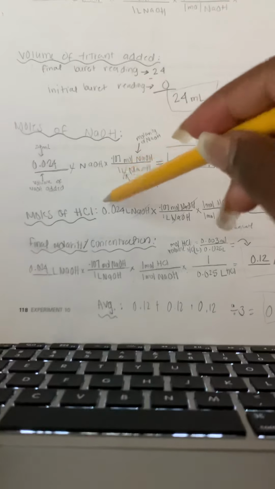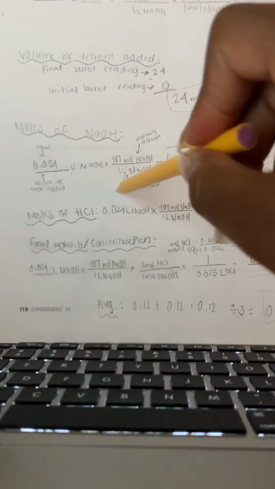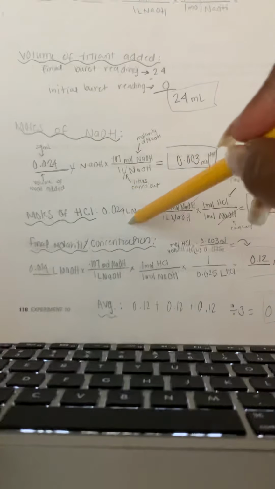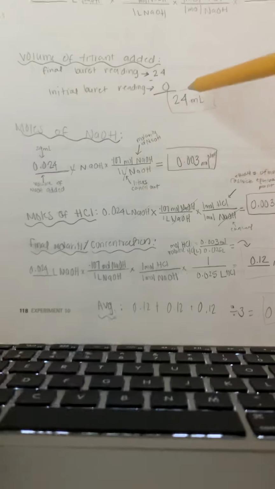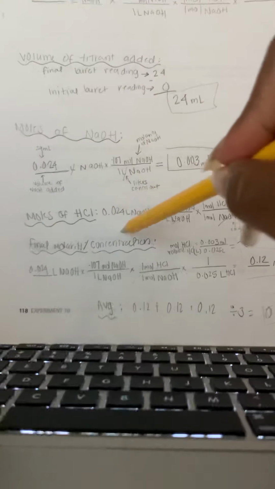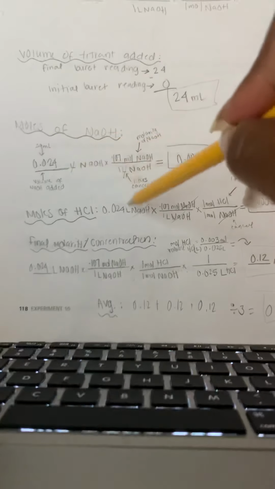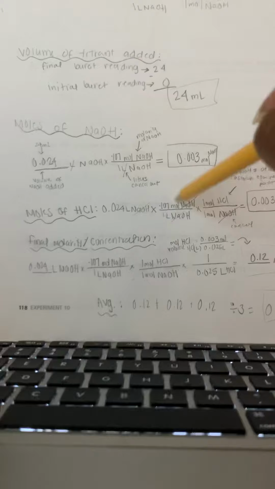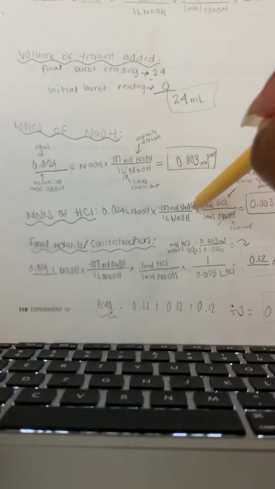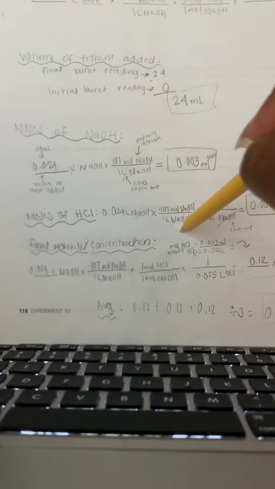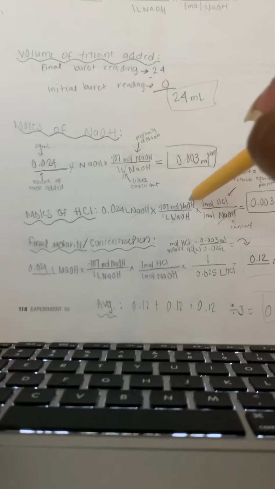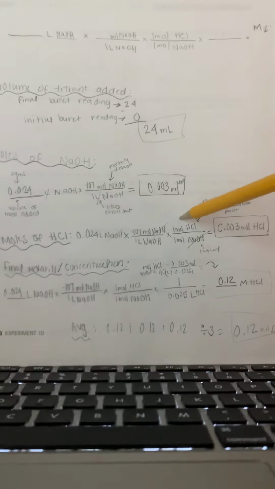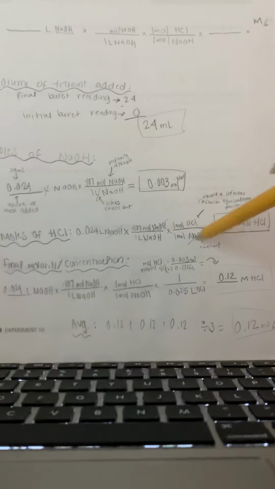Now, to calculate the moles of hydrochloric acid, we took the 0.024 liters, remember, that was from the 24 milliliters, converted to liters like we already did. We plugged it in, multiplied it by 0.107 moles of sodium hydroxide divided by 1 liter of sodium hydroxide, then multiplied by the 1-to-1 mole ratio.